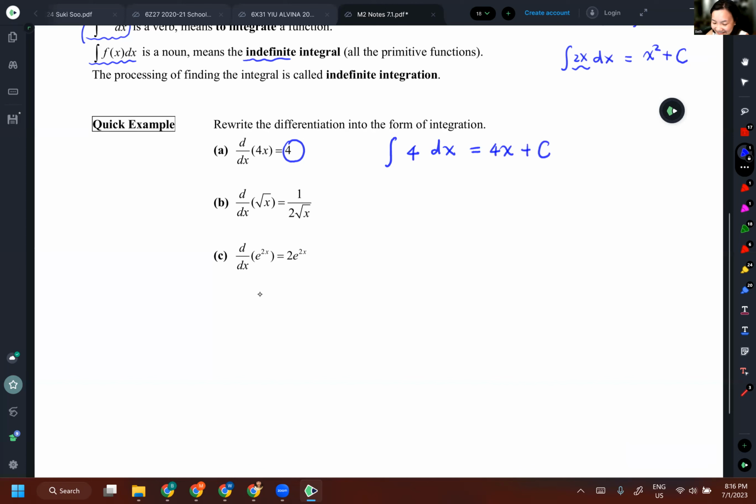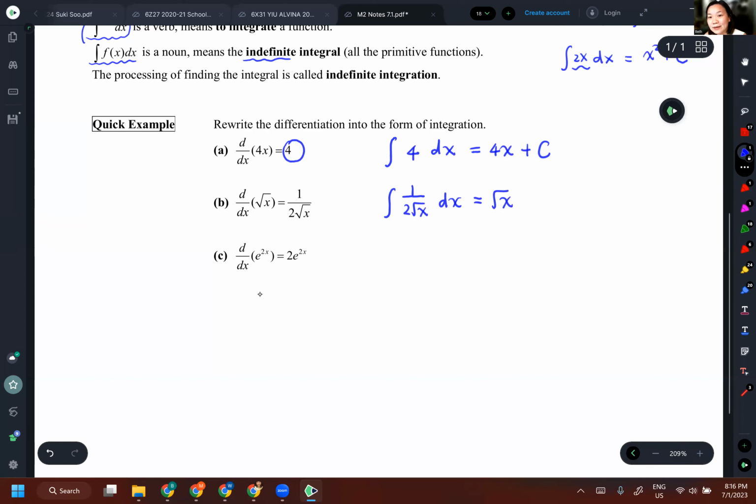Okay. Now for the second one, again, you will write this first, and then you will put the derivative in. And then you will put the primitive on the right-hand side. But it's not just one primitive.